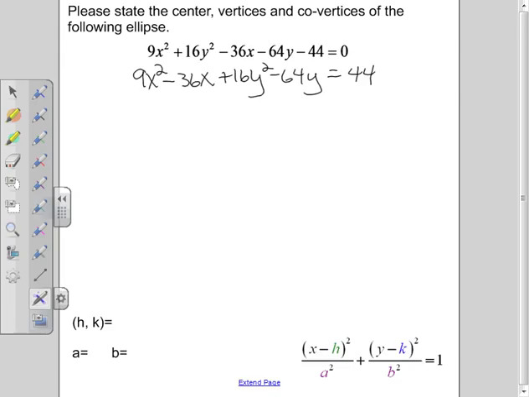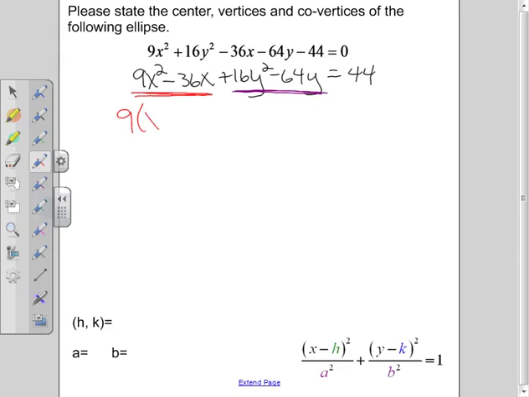Okay, now that being said, what I want to do is I want to take these two terms and factor them. And then I'm going to take these two terms and factor them as well, because they have a common factor inside them. So for the red part that I have underlined, we see that 9 goes into both of those two terms.